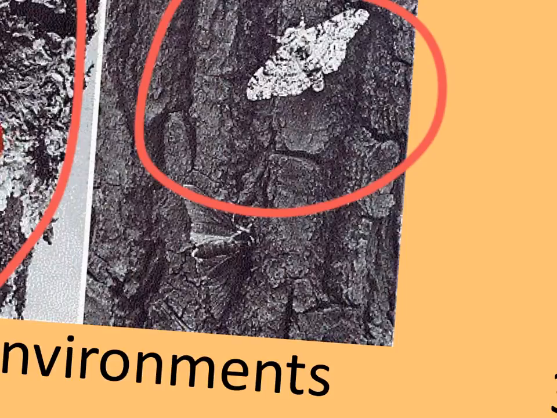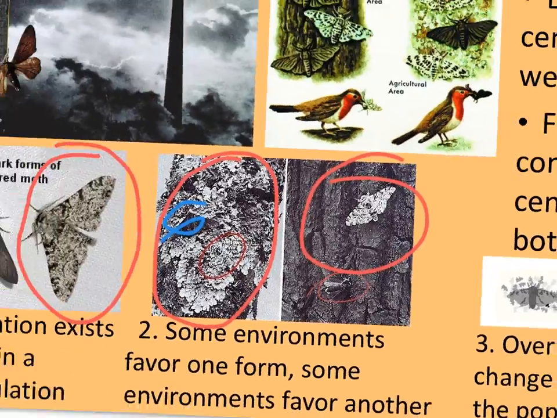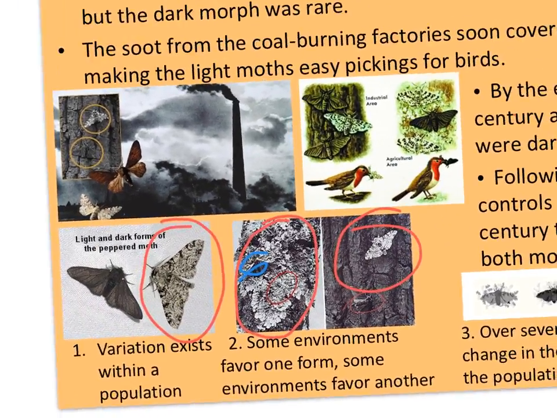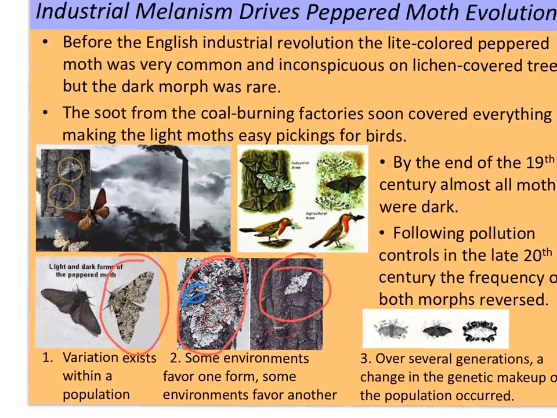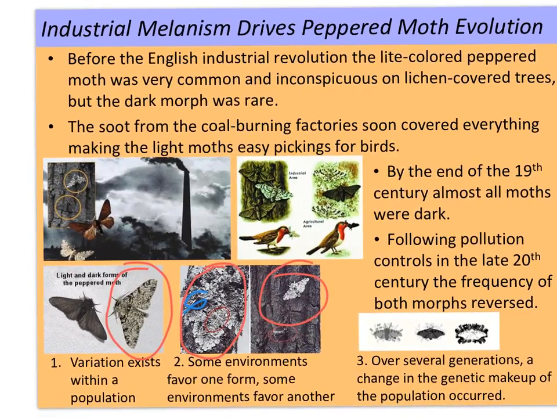And so now the black morph just came along. It was a random mutation. It soon went to almost fixation. So there were very few white-colored moths.